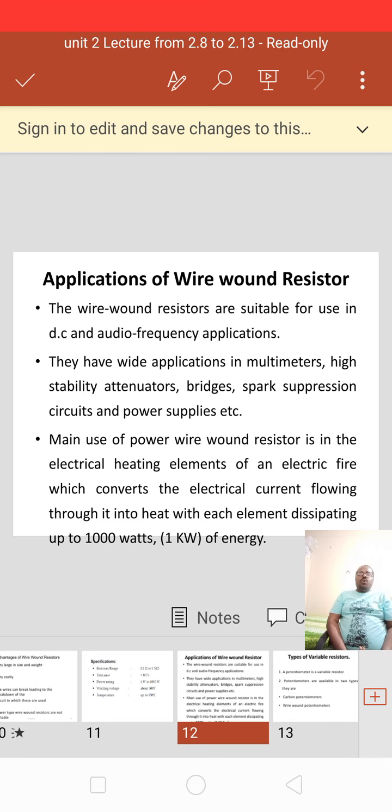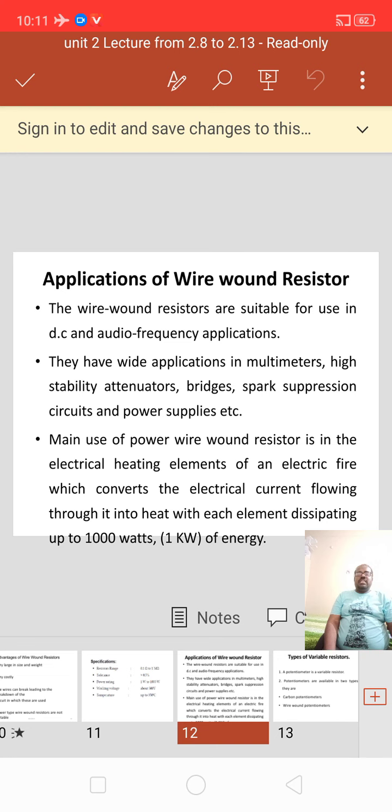They have wide applications in multimeters, high stability attenuators, bridges, spark suppression circuits, and power supplies, etc. The main use of power wire wound resistors is in the electrical heating elements of an electric fire.